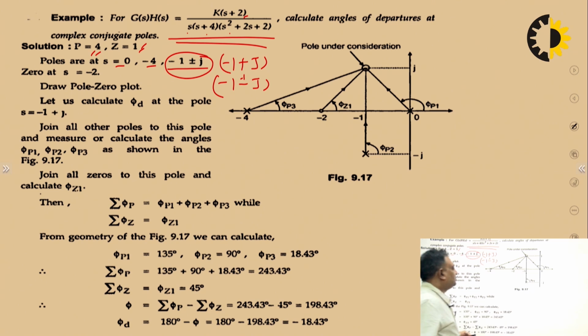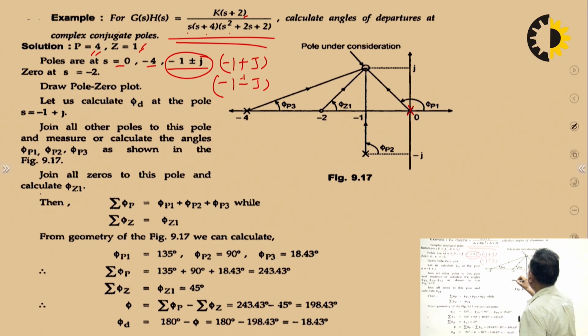First of all, we will draw the poles and zeros in the s plane. One pole is at s equals 0, another at s equals minus 4, others at minus 1 plus j and minus 1 minus j, and at s equals minus 2 there is a zero. We will draw lines from all the poles and zeros to this point and measure the angles.